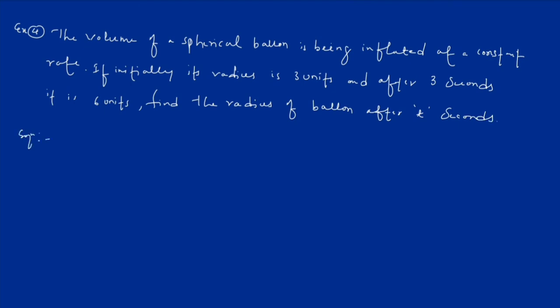What is the question itself? The volume of a spherical balloon is being inflated at a constant rate. Initially its radius is 3 units and after 3 seconds its radius is 6 units. Find the radius of the balloon after t seconds, they are asking. So let us consider the solution.